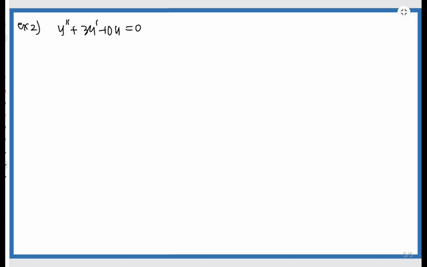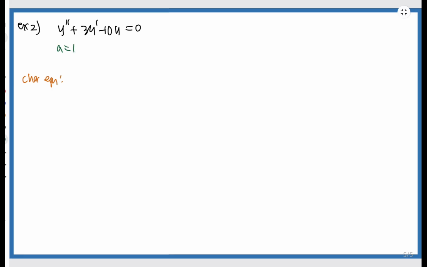So what do we do first? We first find the characteristic equation. Let's first identify our a, b, and c.